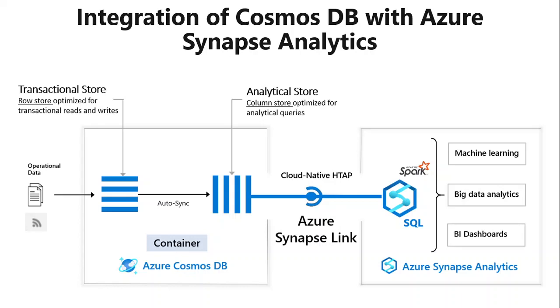As we are aware, OLTP systems are employed to store transactional data. In this case, if you look at the left side, operational data is stored in the Cosmos DB instance.